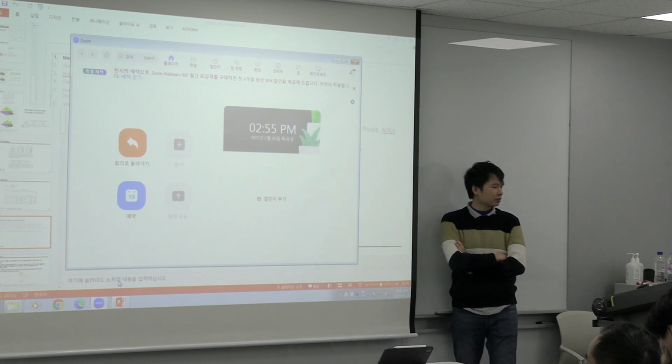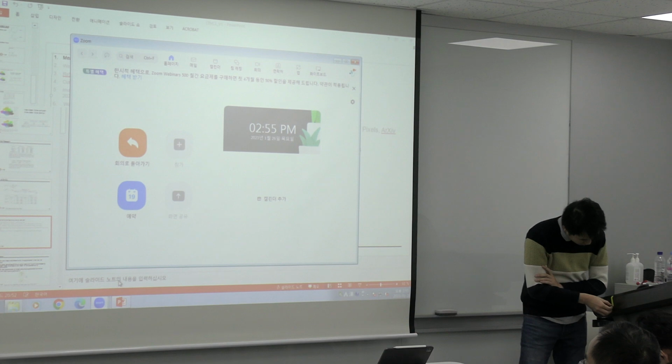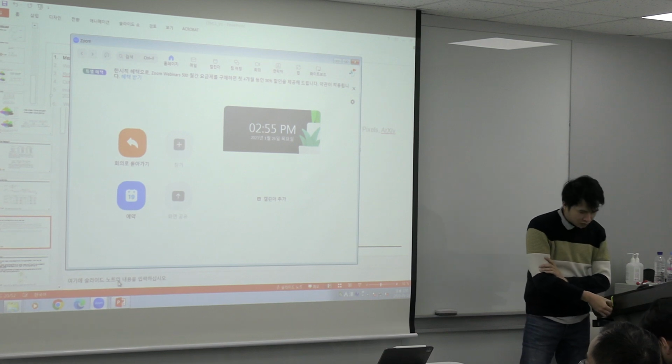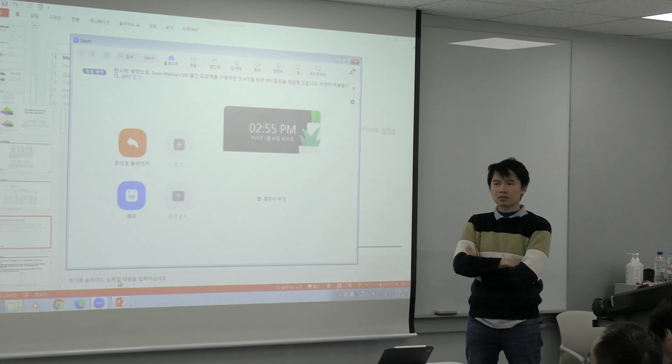Okay, so contrastive learning is trying to put features that should be close near each other, and features that should be considered far to be far.